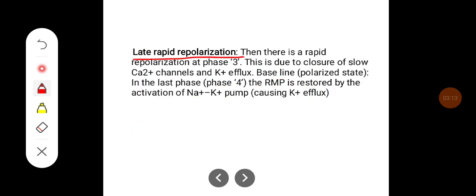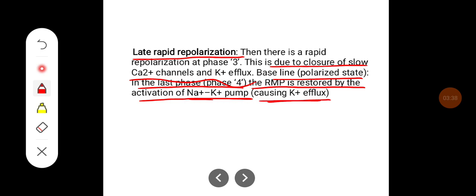Then late rapid repolarization, phase 3, is due to the closure of slow calcium channels and potassium efflux. Baseline, that is the polarized state, is the last phase, where the RMP is restored by the activation of the sodium potassium pump, which is caused by potassium efflux.